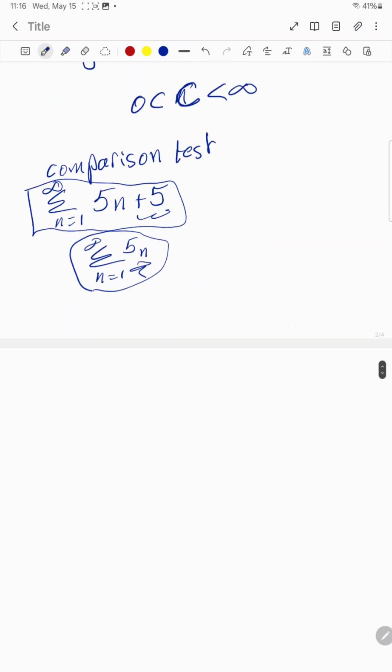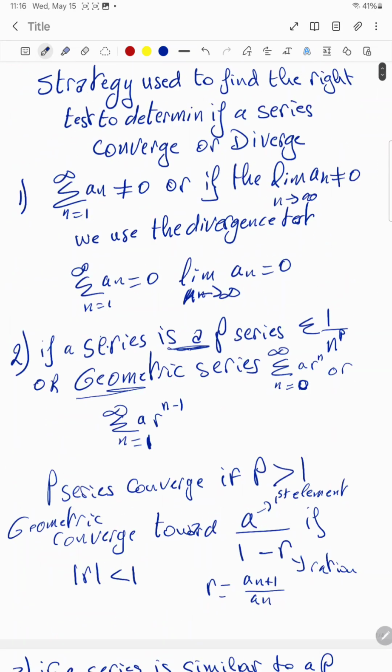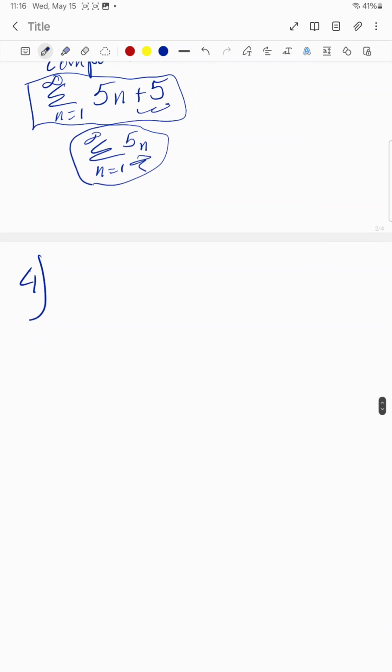Now the fourth strategy: if a series is a rational series, rational means it's a fraction.